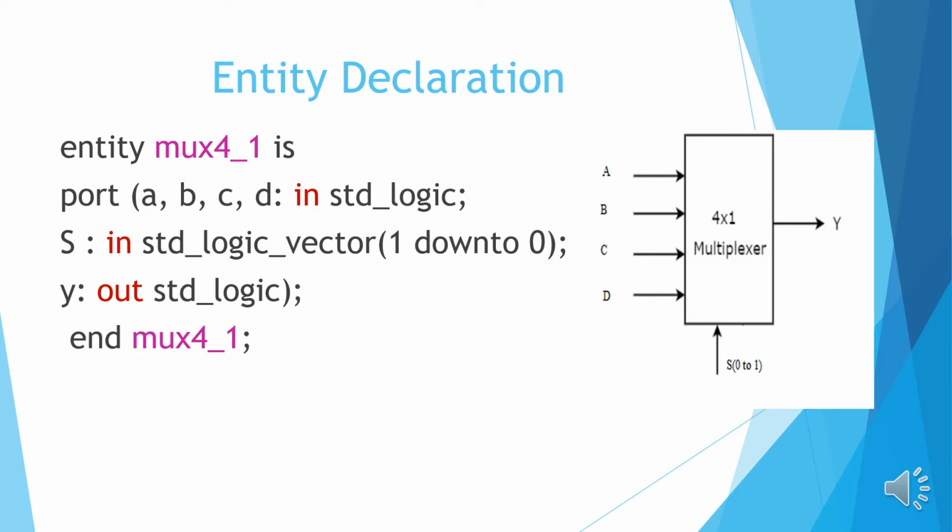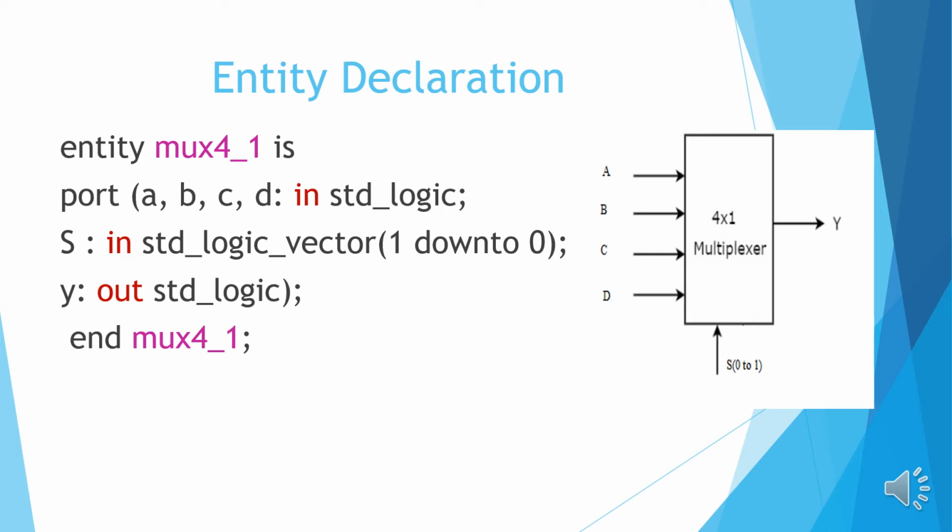This example shows entity for 4:1 multiplexer, which has 4 data inputs, 2 select inputs, and 1 output. Here, entity name is given as mux 4:1, is port ABCD, all four inputs are single bit inputs. So ABCD colon, their direction is in, their inputs, so in, and data type used is standard underscore logic.